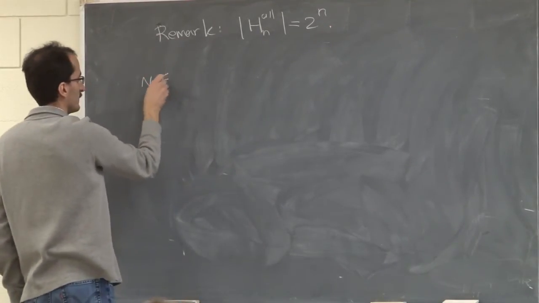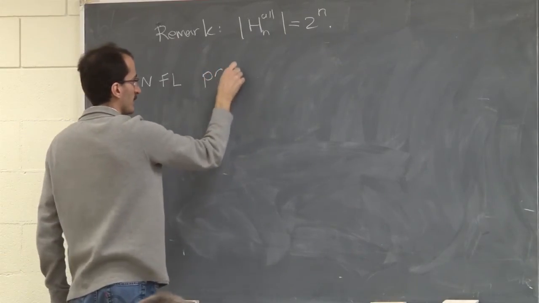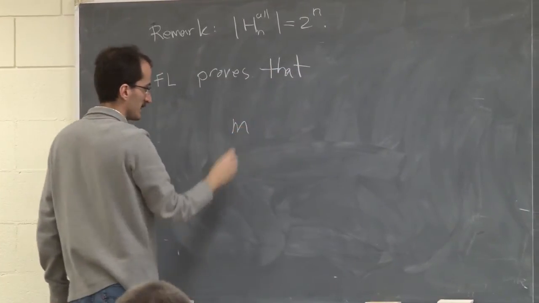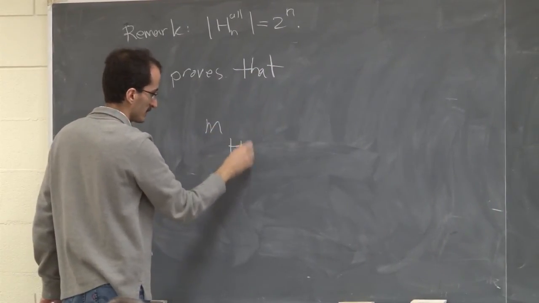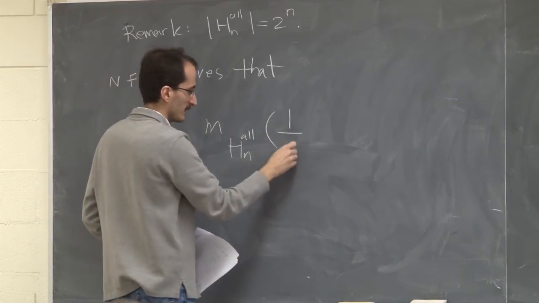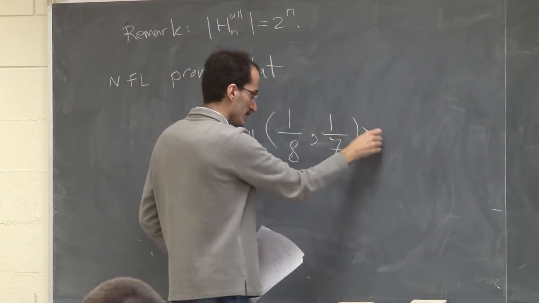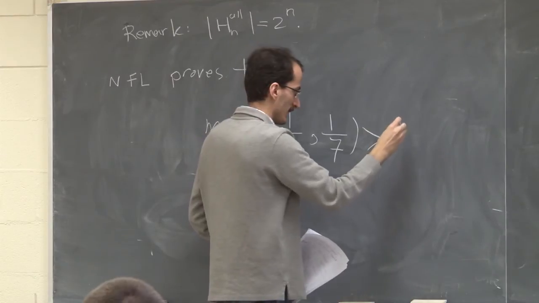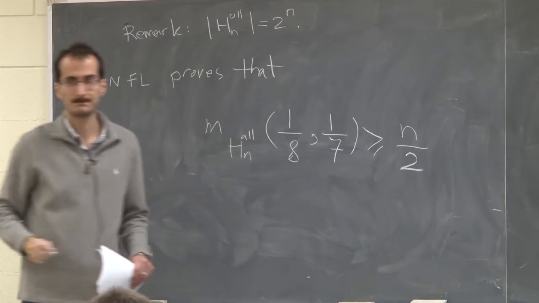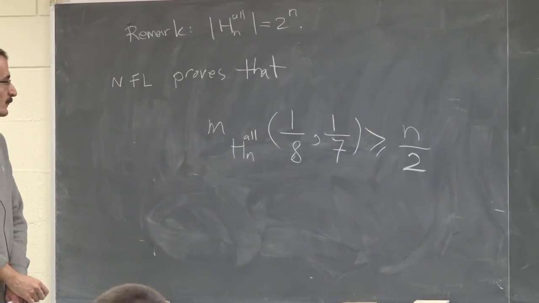So the NFL, no free lunch theorem, proves that the sample complexity of learning this class for a specific value of epsilon and delta, that's 1/8 and 1/7, is larger than n/2, half of the size of the domain. What does that mean?